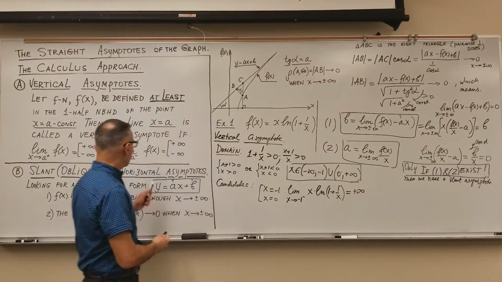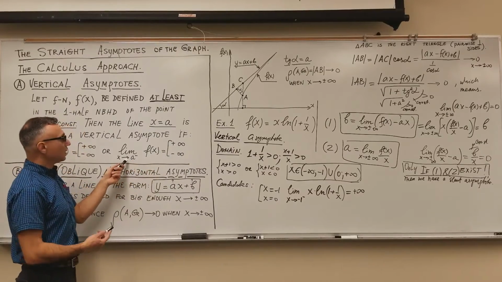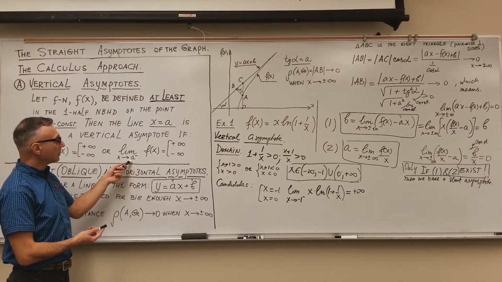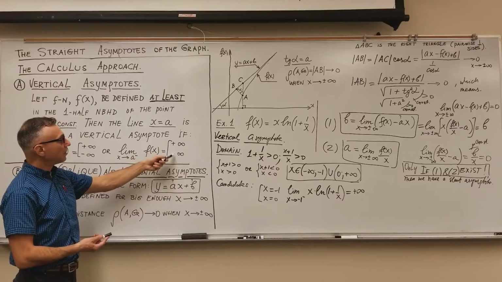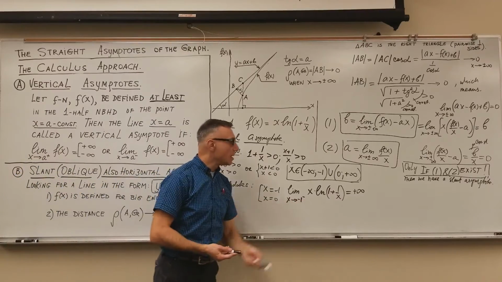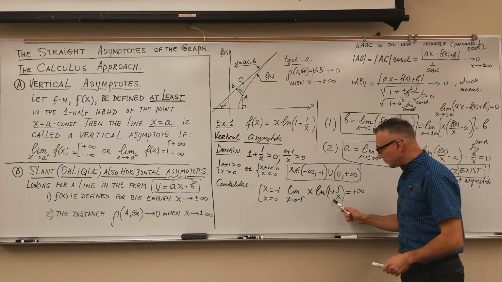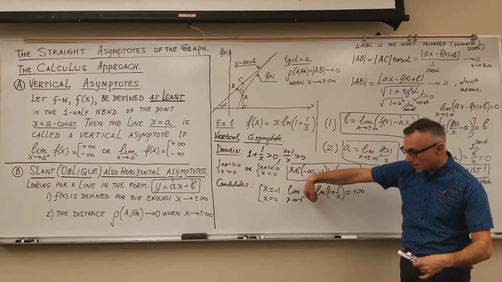It looks like this condition holds. This is one of the conditions: have a neighborhood of the point minus 1, and the limit is equal to either plus or minus infinity. It's actually plus infinity in this case. Again, the log of this value will go to minus infinity, and x approaches minus 1.